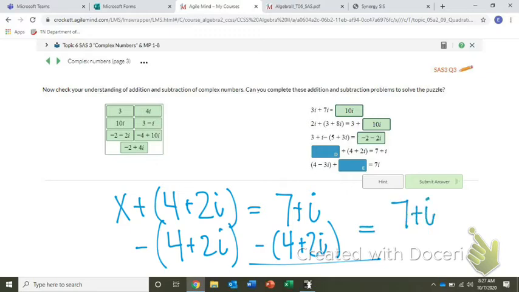What am I going to do with this negative sign right here? I'm going to distribute. So now we have a minus 4 and plus 2i.